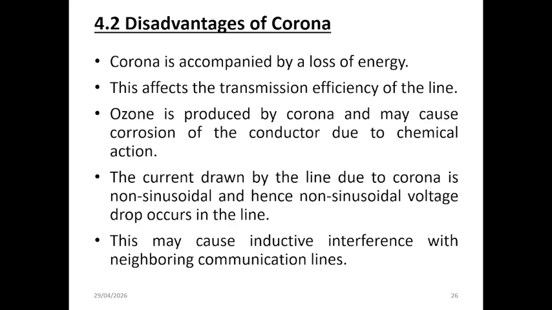So this slide highlights the major disadvantages of Corona in overhead transmission lines, emphasizing its negative impact on system performance and surrounding infrastructure. One of the primary drawbacks is the loss of energy in the form of corona discharge, which directly reduces the transmission efficiency of the line.